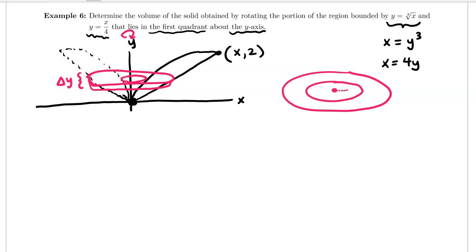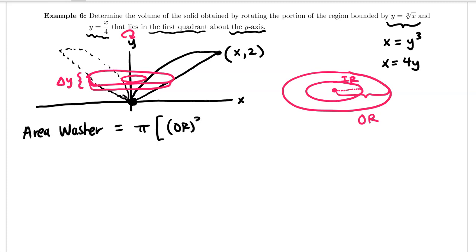So I have the distance from here to here, and then I also have the distance from here to here, and the larger of those radii I'm calling the outer radius, and the smaller one I'm calling the inner radius. And so if you recall from earlier, the area of the washer is equal to pi times the outer radius squared minus the inner radius squared.